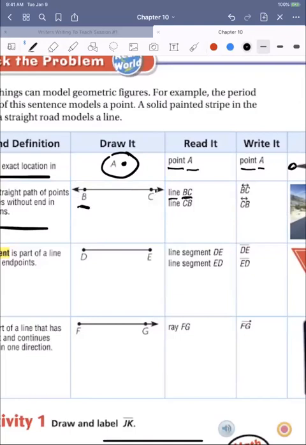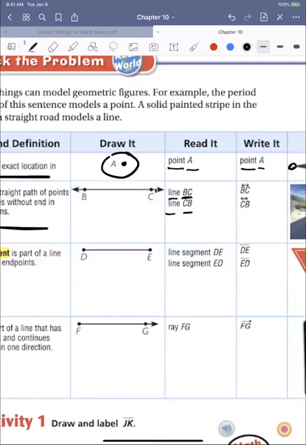Going this way, it'd be B to C. What's really cool with a line is since it never ends, it can go either direction. So you can read it as line BC, or you can read it as line CB, either one.